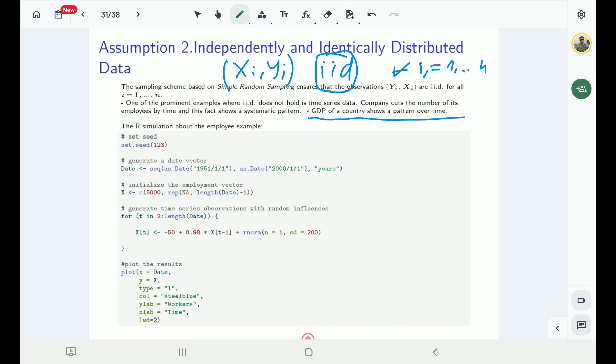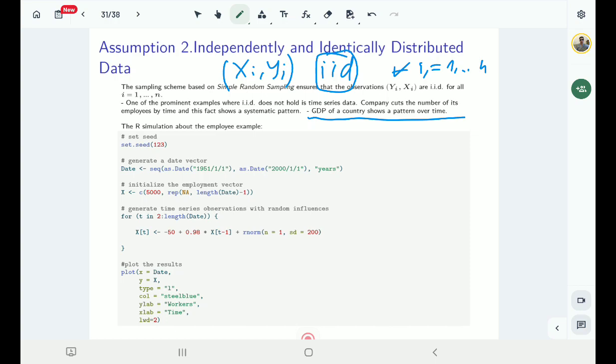So there is an obvious pattern, some kind of persistence in the economic growth and GDP of the countries. That is telling you that there is dependence. The IID assumption is violated.